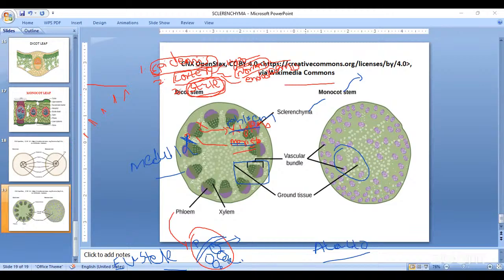But in dicot, multicellular trichomes are developed from the epidermis, but these are absent in monocot. That's why in our daily life, wherever plants are available, you can see the surface of the dicot stem and the monocot stem. Mostly the monocot surface is smooth when compared with dicot.